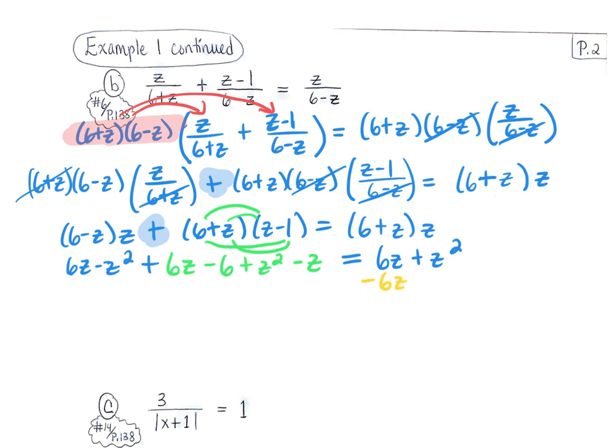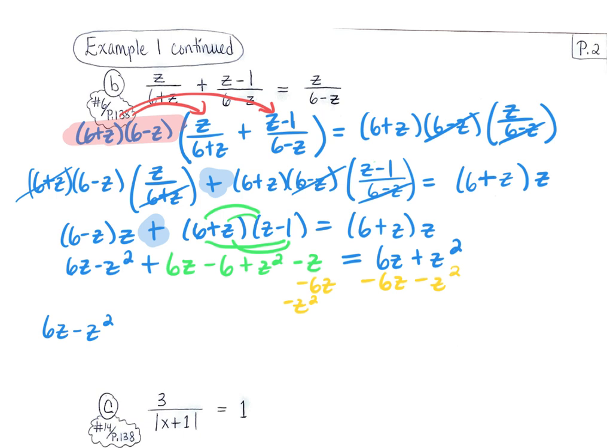So minus 6z, and then subtract z squared. So that's going to become 6z minus z squared. You want me to stick with the colors or no? Can we just write it, or you want the colors?